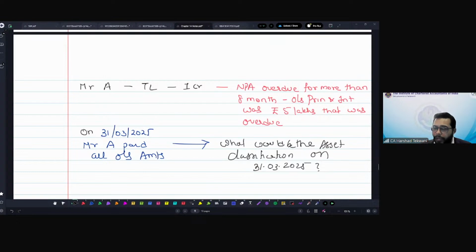Again, now over here there is one more concept, that is asset or account regularized near balance sheet date. So sometimes accounts are regularized near balance sheet date, just to show that everything has been paid, now the account is fine, so the bank does not have to report the NPA.